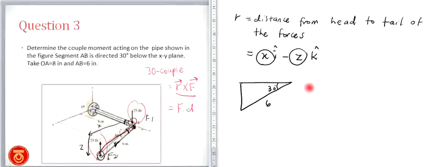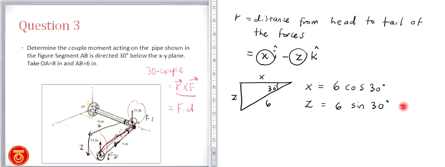This is z and this is x. So x equal to 6 cos 30 and z equal to 6 sin 30.